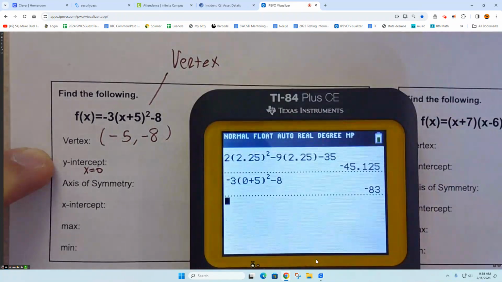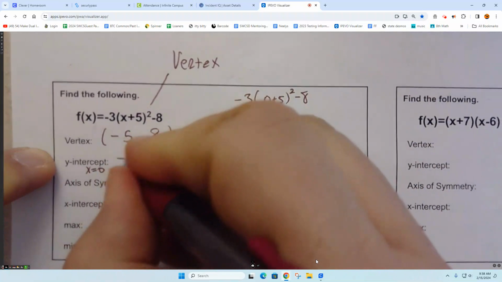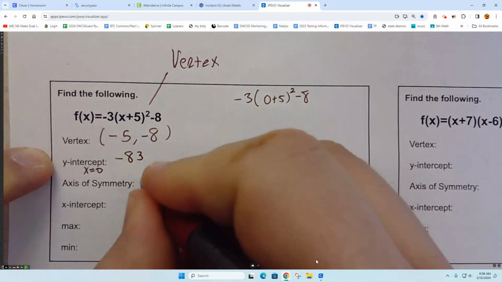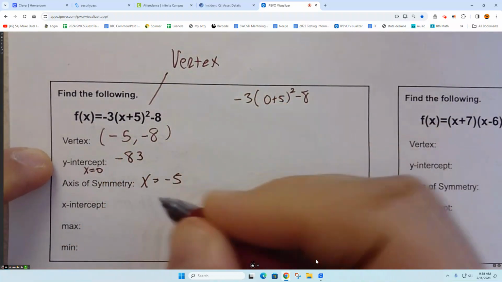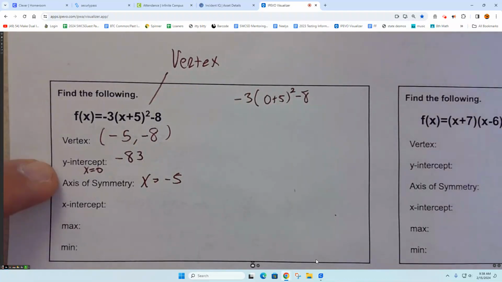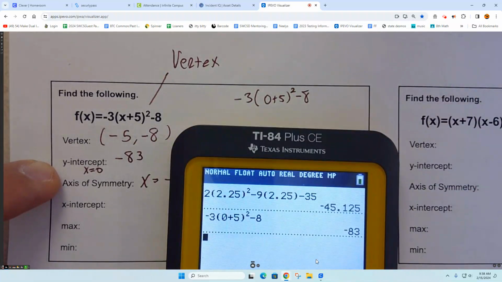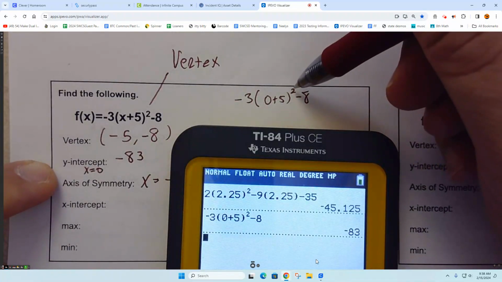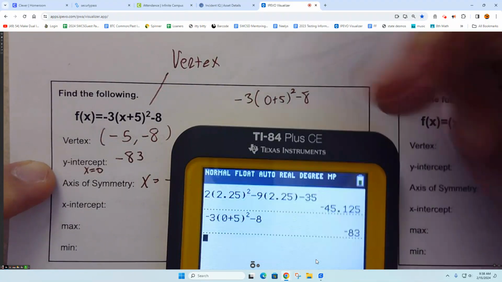And I get -83. Axis of symmetry, X equals -5. I just typed it in the calculator, but 5 squared is 25 times that is negative.